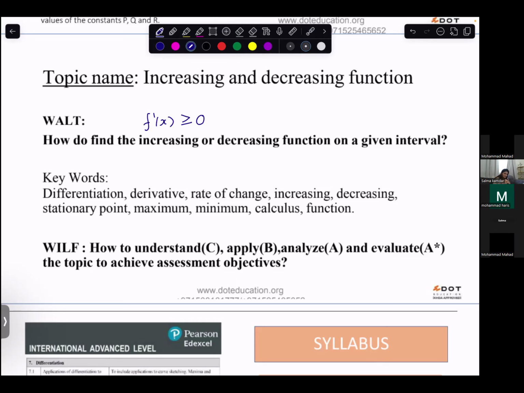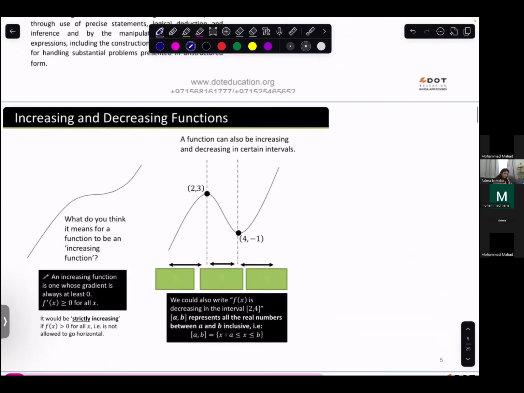If my f dash x is less than or equal to 0, I would say my function is decreasing for all the values of x. So I will find whether f dash x is less than or equal to 0 or more than or equal to 0. Are you with me?